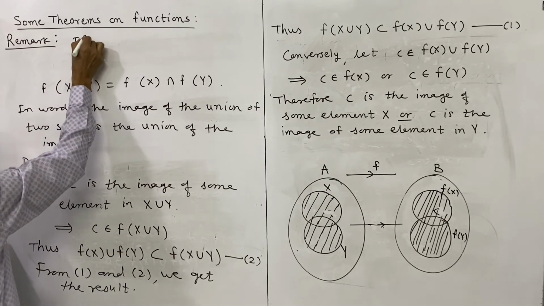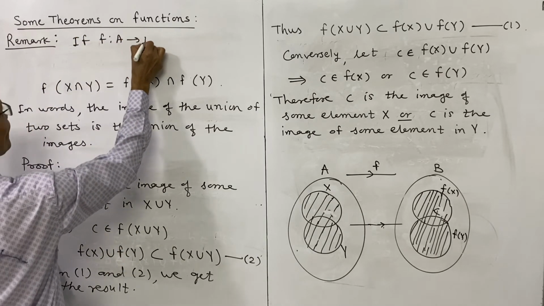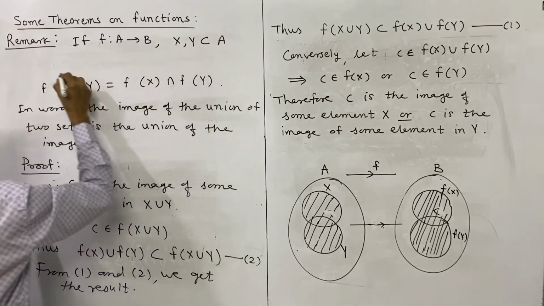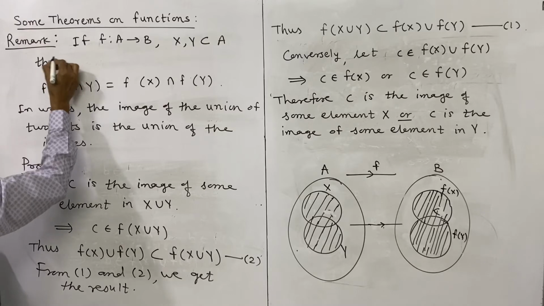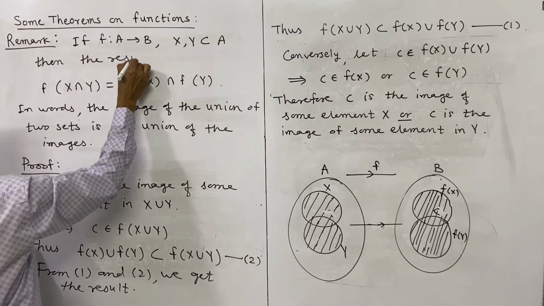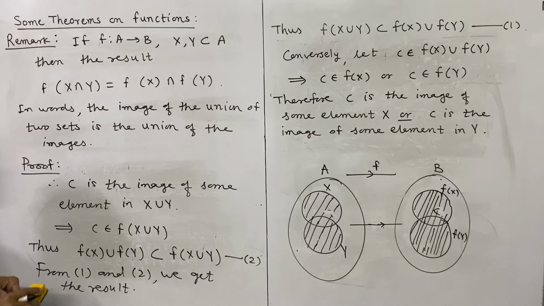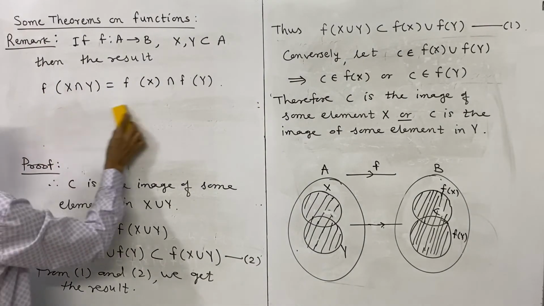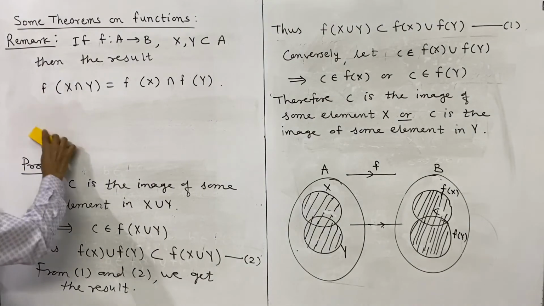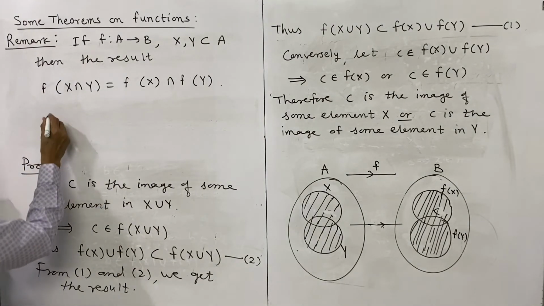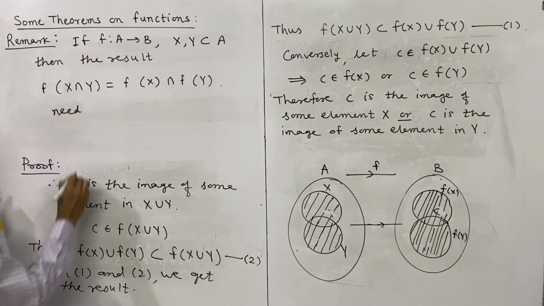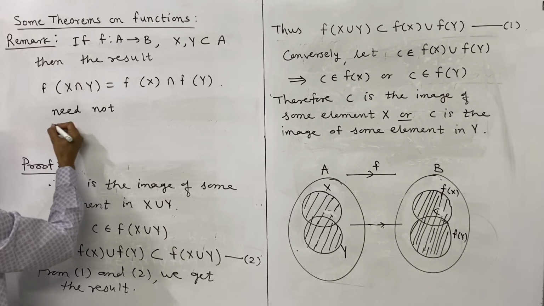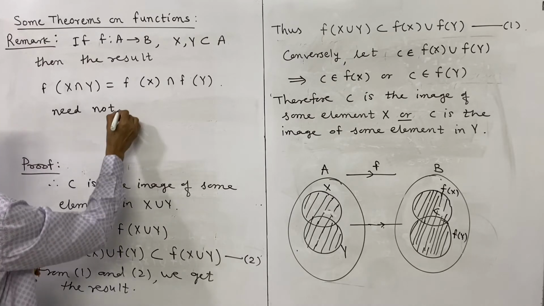So if f is a function from A to B, and x and y are subsets of A, then whether this result will be true, we will say that it is not true, or need not be true. May be true, may not be true. So we can say this result need not be true.